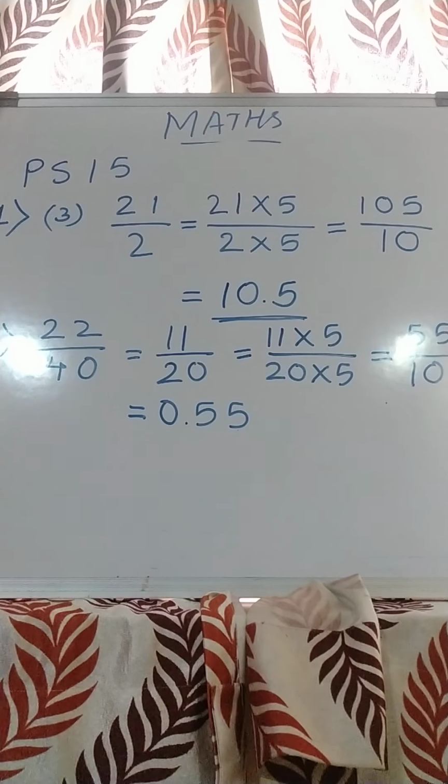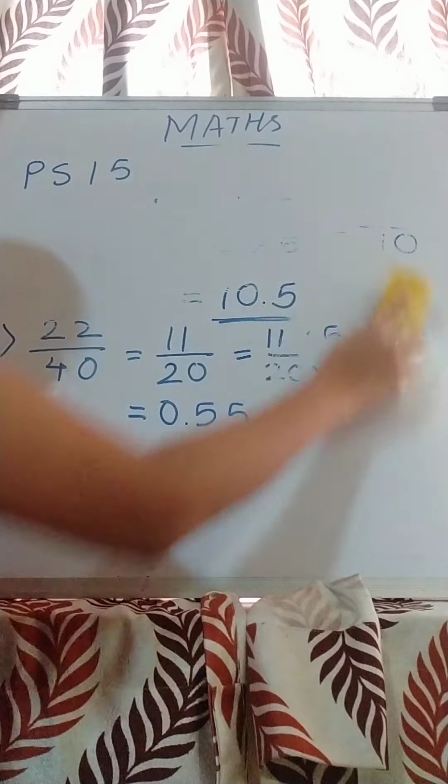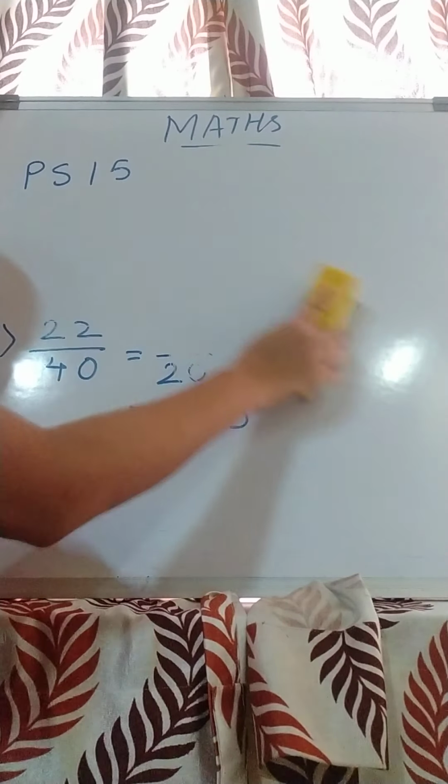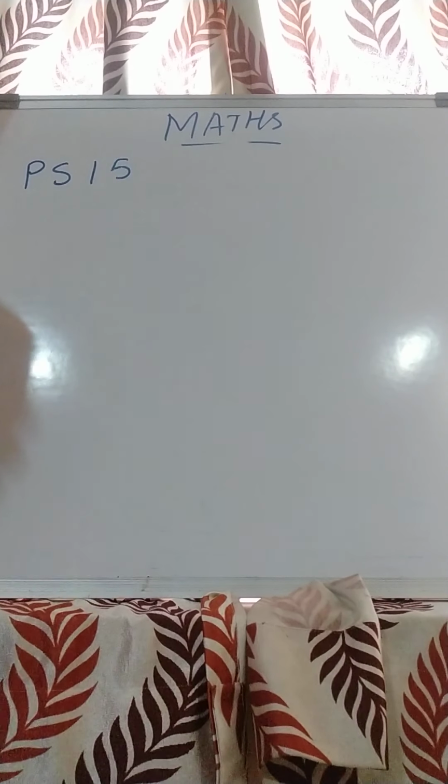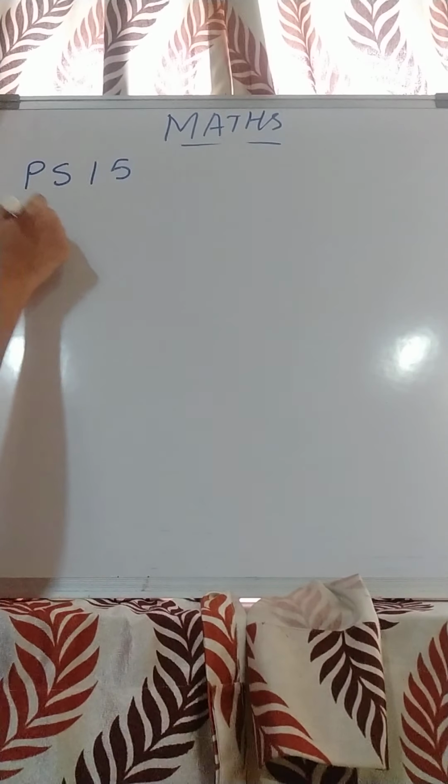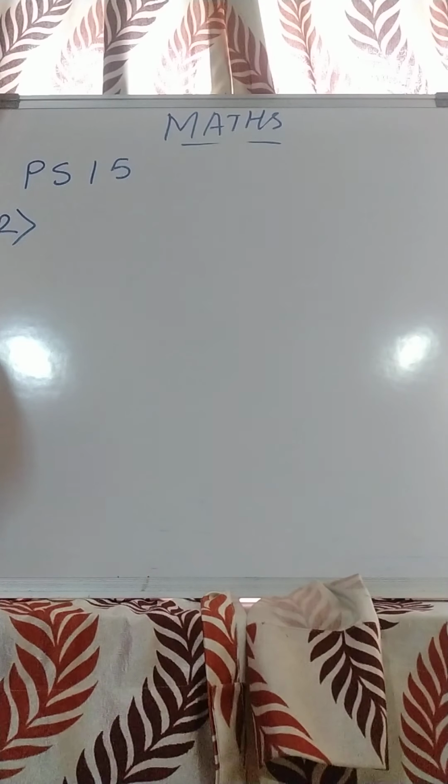Now take the second question, that is, convert the common fraction into decimal fraction. From that, there are 7 sums. I am taking the 7th one and the 3rd one.